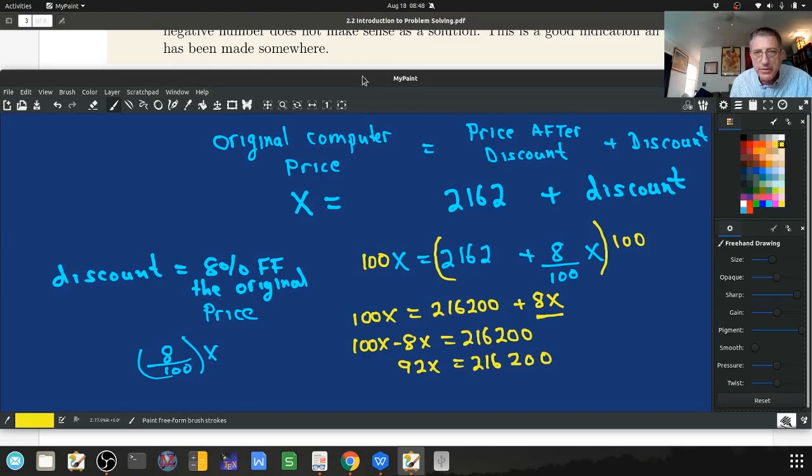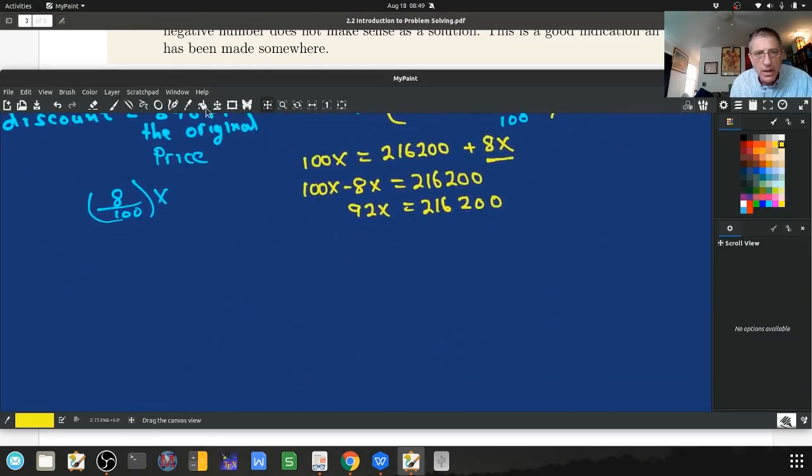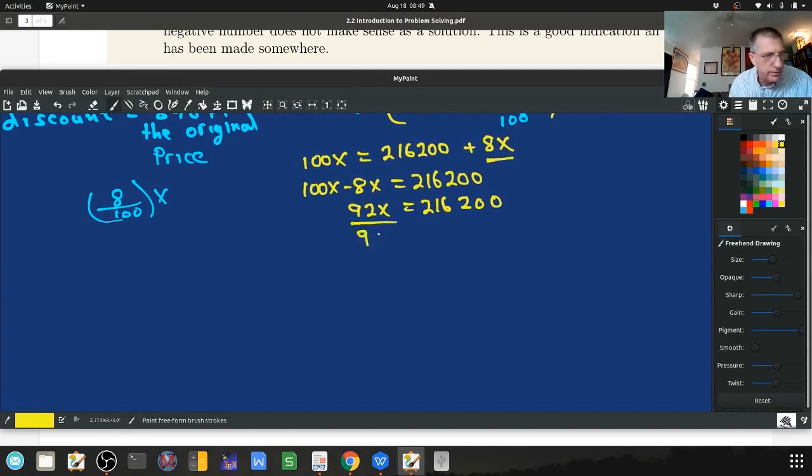And what do I have to do now to find x? I have to divide both sides by 92. And that gives me a value of x is equal to $2,350.